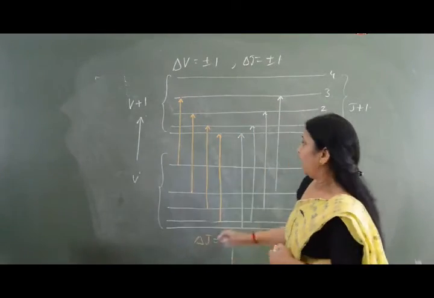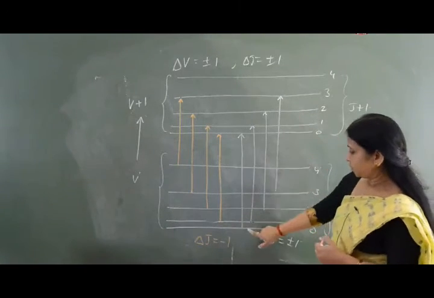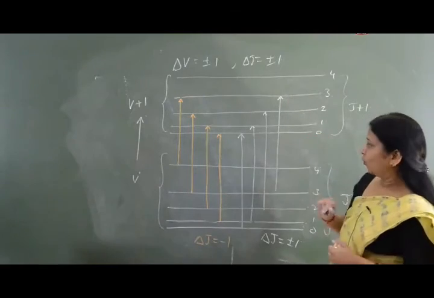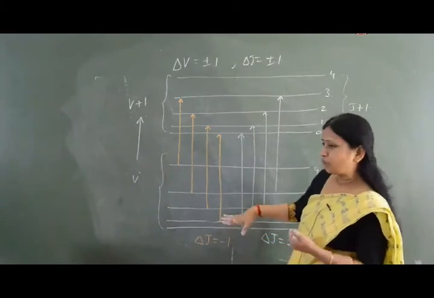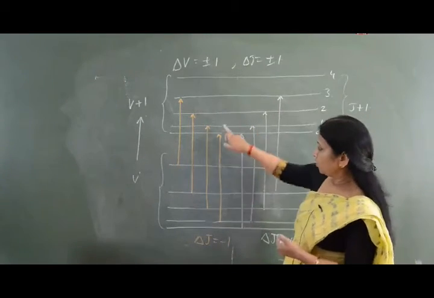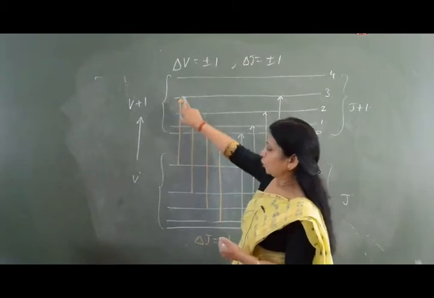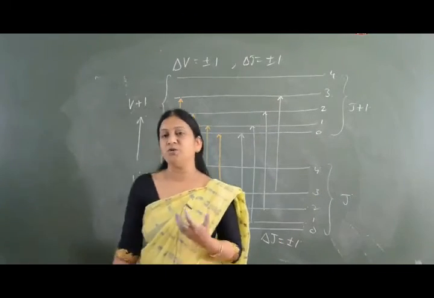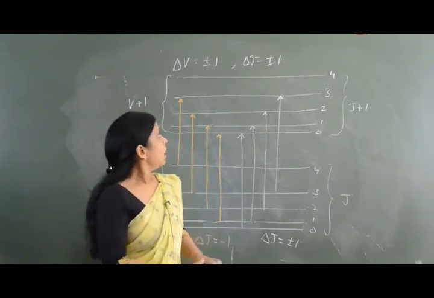For plus 1, I am moving from lower energy state to higher energy state: 0 to 1, 1 to 2, 2 to 3 and 3 to 4. Whereas in case of minus 1, I am moving from higher to lower: 1 to 0, 2 to 1, 3 to 2 and 4 to 3. So this is the vibrational rotational spectra of a diatomic molecule.